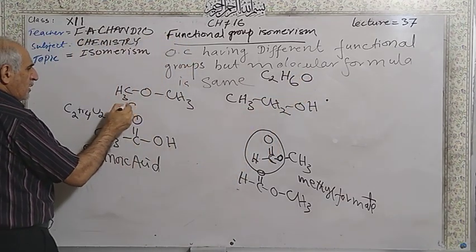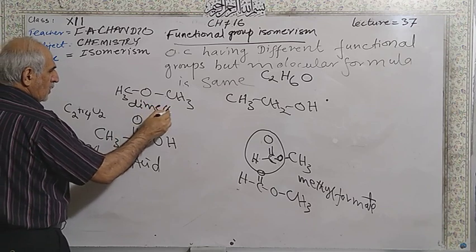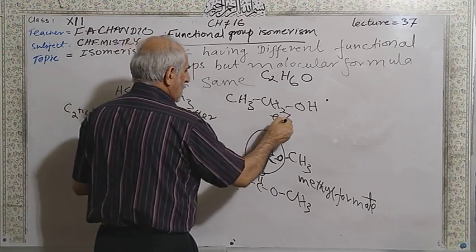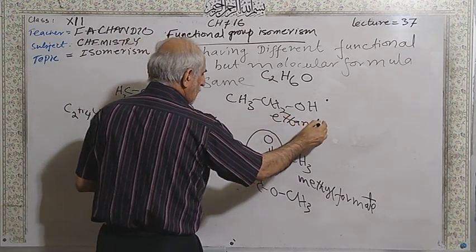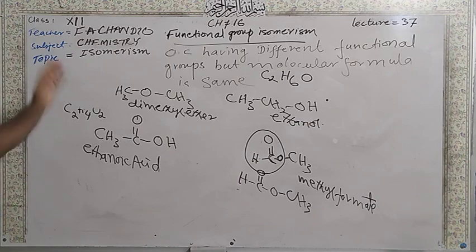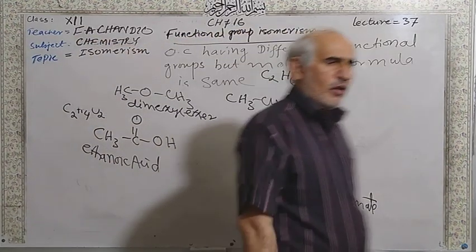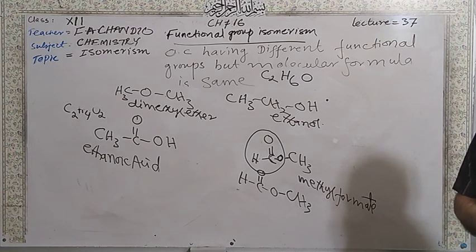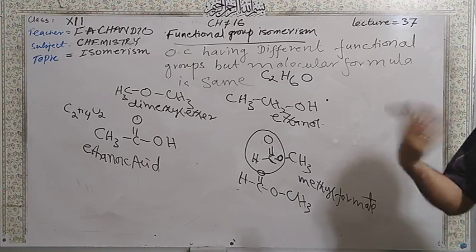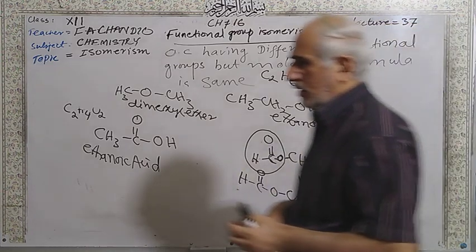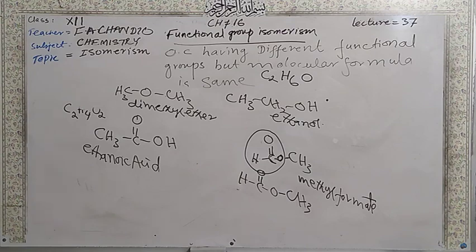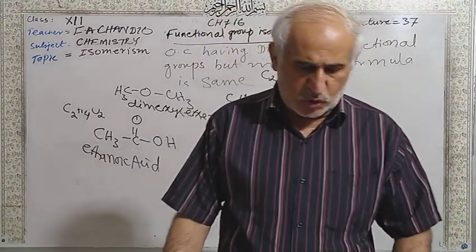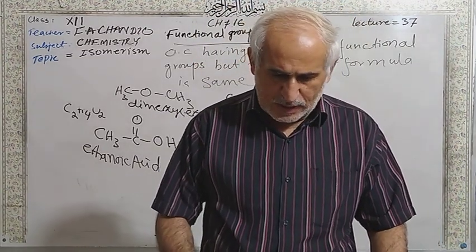This compound is called dimethyl ether, and this compound is called ethanol. So students, all these compounds have different functional groups, but the molecular formula is the same. When the molecular formula is the same and the functional group is different, their chemical and physical properties are totally different from each other. Their physical and chemical properties depend upon the functional group. So this is called functional group isomerism.